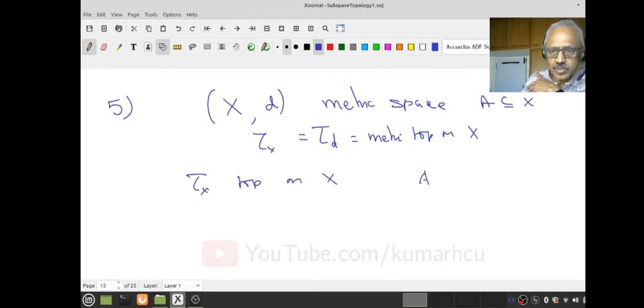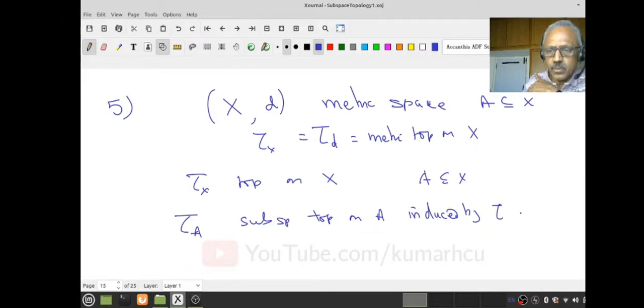Now A is a subset of X. Therefore I can ask, what is the subspace topology on A induced by tau_X?